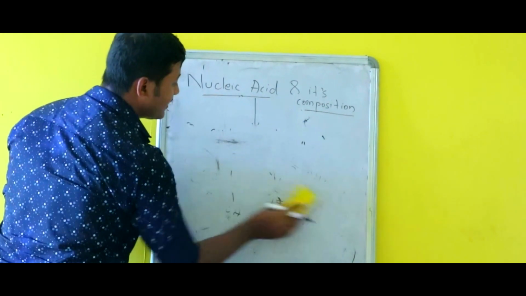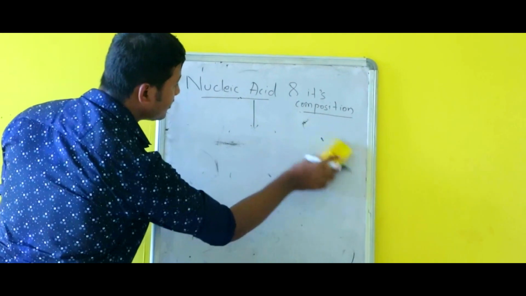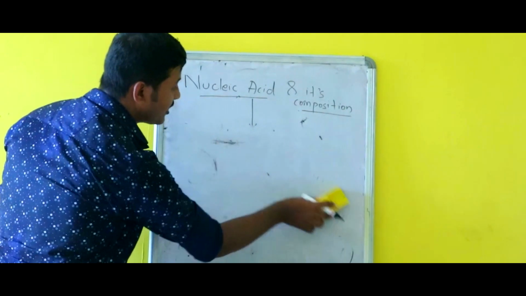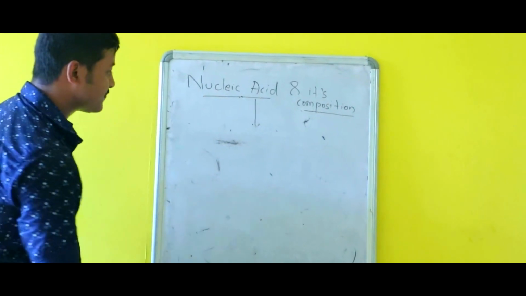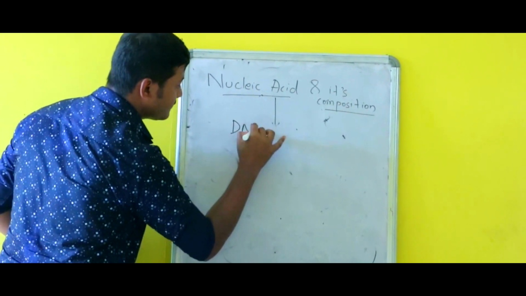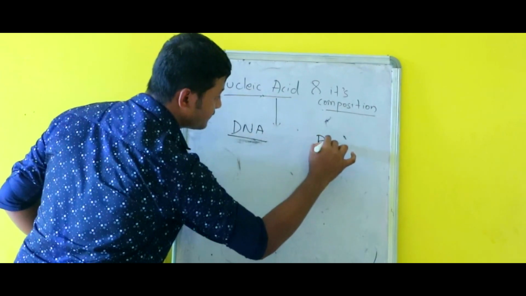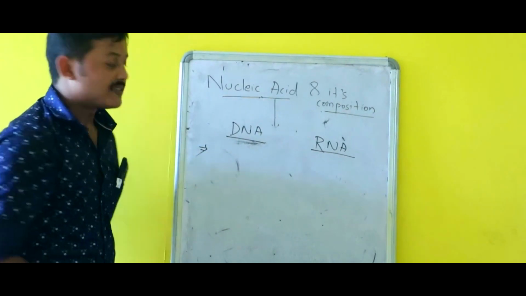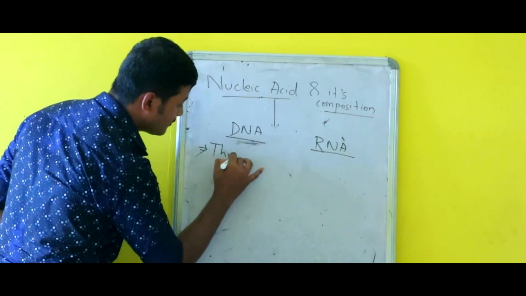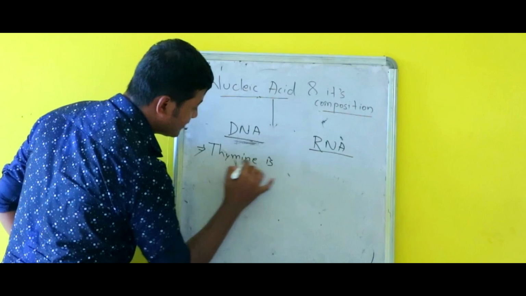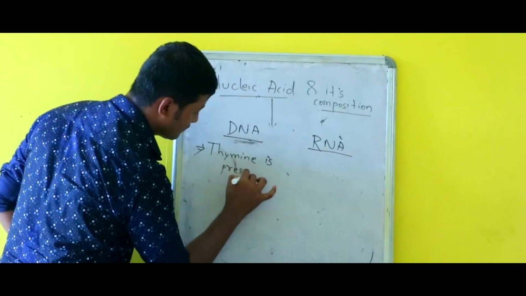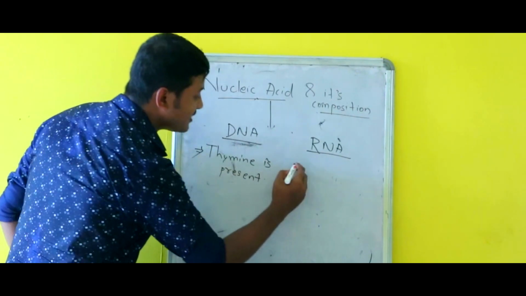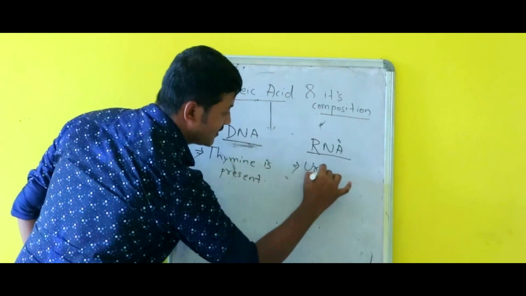Then comes the composition of DNA and RNA. These are the two main nucleic acids found in all living organisms, including prokaryotes, eukaryotes, and viruses. In DNA, thymine is present. But in RNA, instead of thymine, uracil is present.